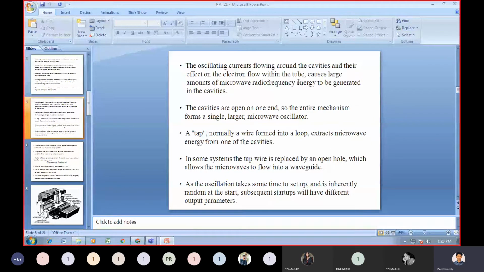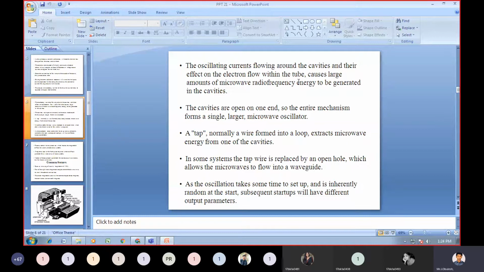These oscillating currents flowing around the cavities, and their effect on the electron flow within the tube, cause large amounts of microwave radio frequency energy to be generated in the cavities.